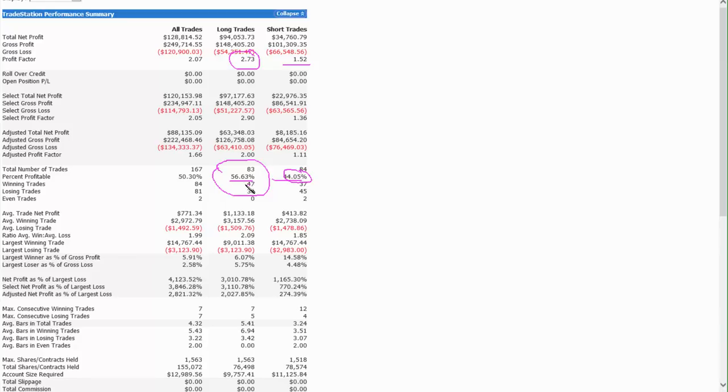Almost 56.63%, almost 57%, with a profit ratio of 2.73 to 1, almost 3 to 1. In 5 years, it's only done 167 trades. So based on the market, if you take a look at the valuation of Apple pre-split, that's the problem with splits in backtesting an individual system on an individual stock.